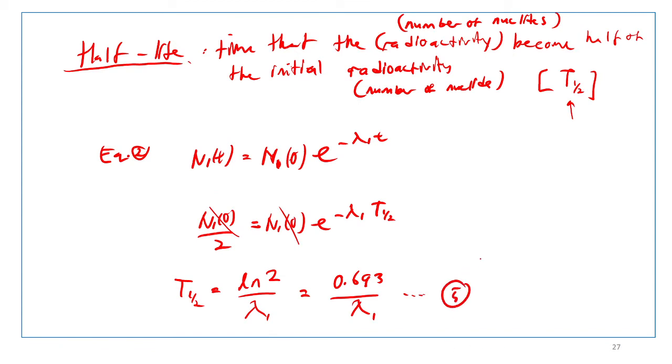So let's say at time 0, the initial number of nuclide is N10.